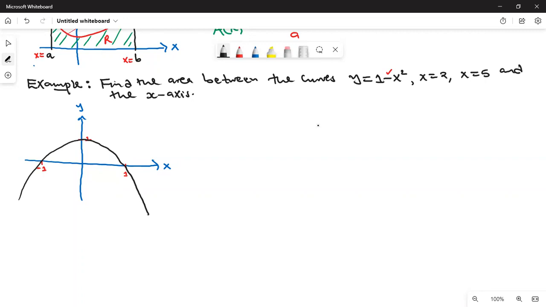That is our curve. Remember, it is symmetric about the y-axis. So that is the graph. This is y is equals to 1 minus x squared.